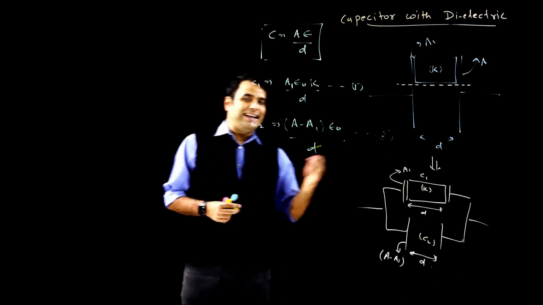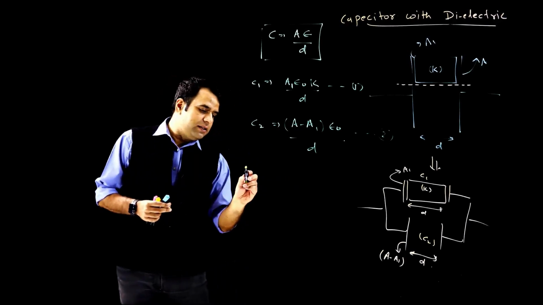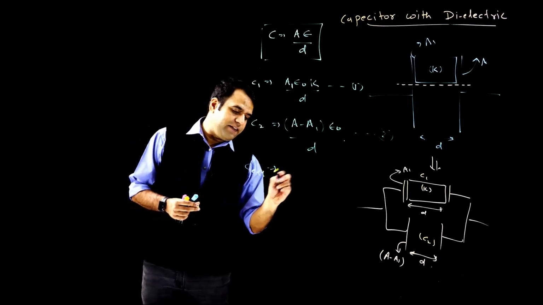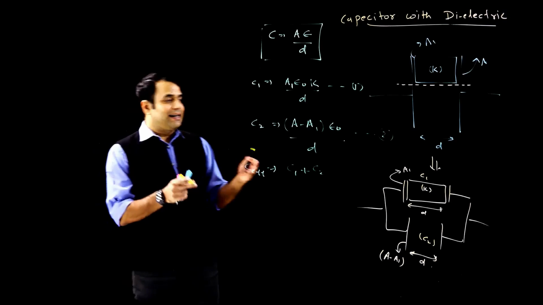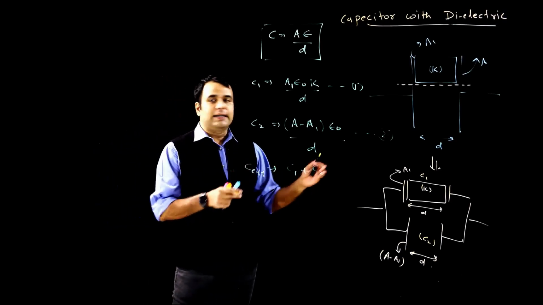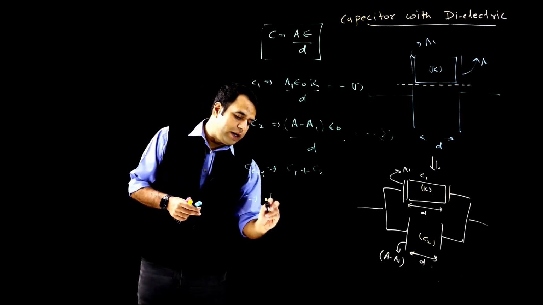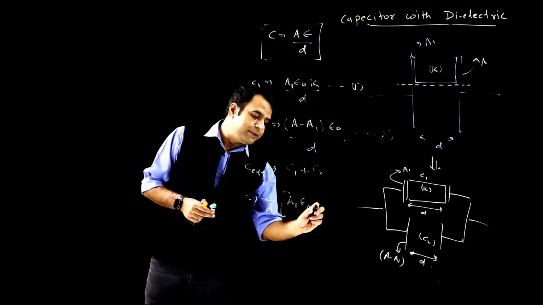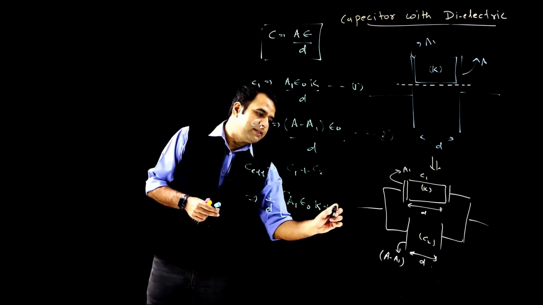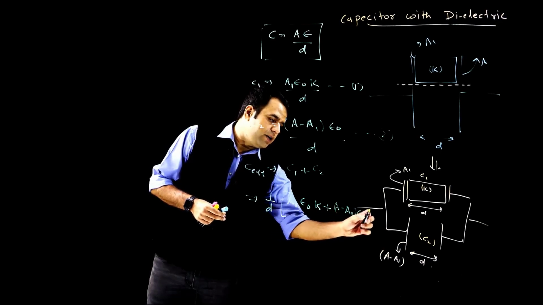Both of them are connected in parallel. Since they are connected in parallel, the formula for effective capacitance will be C1 plus C2. This is the formula for when the capacitors are connected in parallel. So we'll write the values. 1 upon D we will take common. So we'll have A1 epsilon naught K plus (A minus A1) epsilon naught.